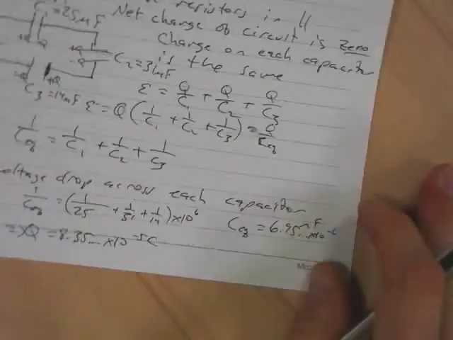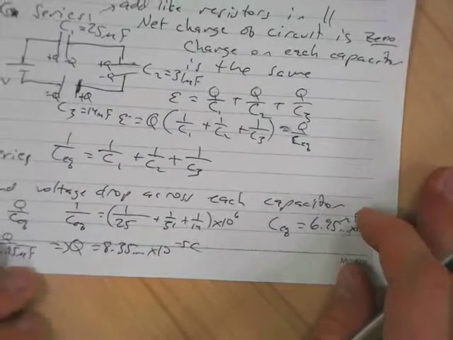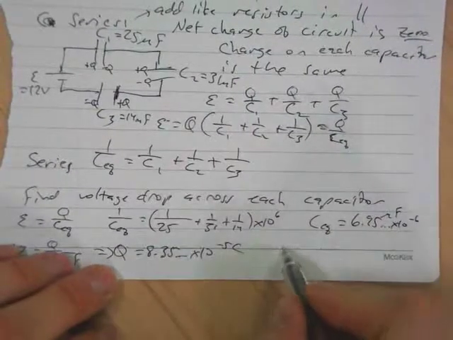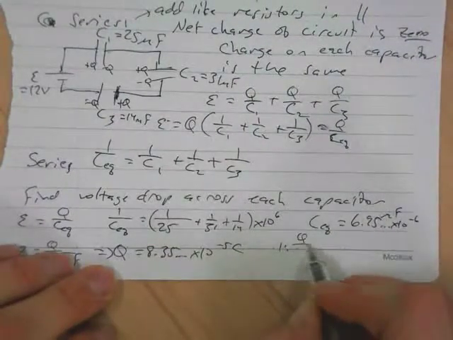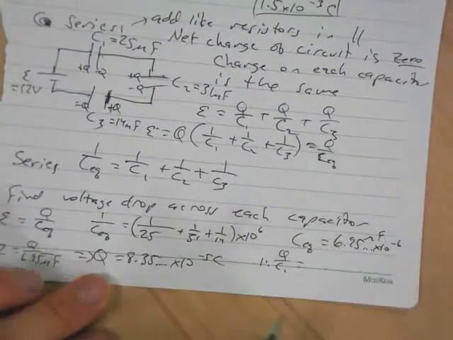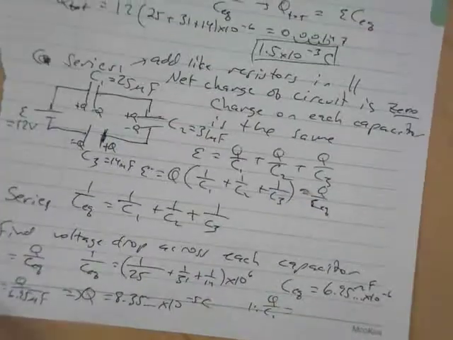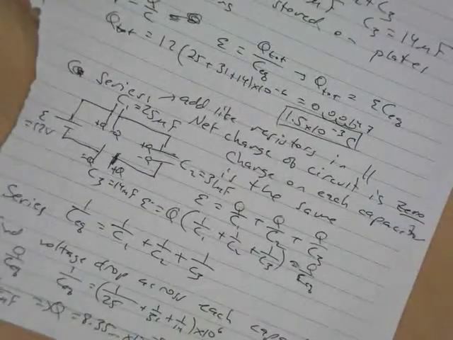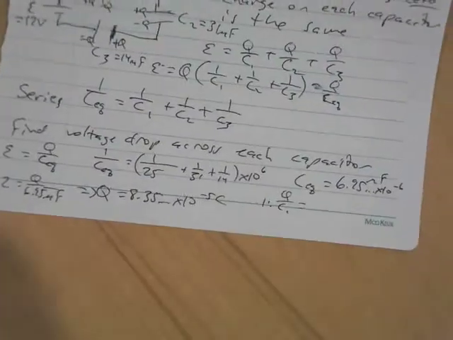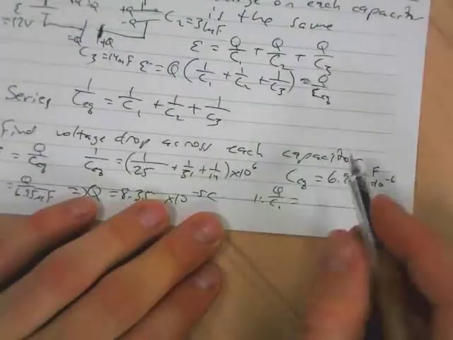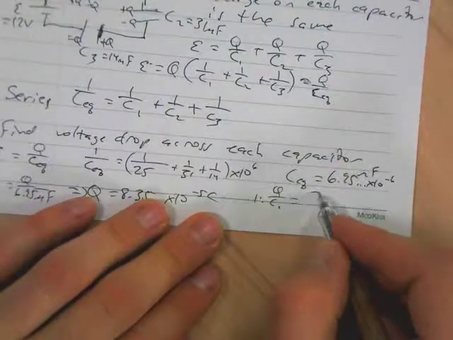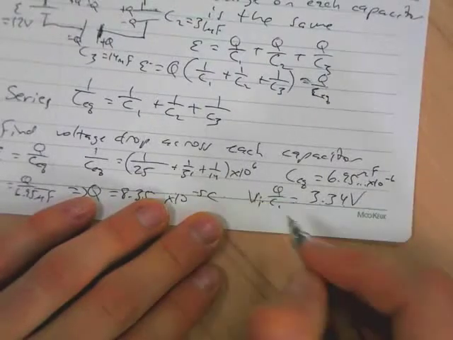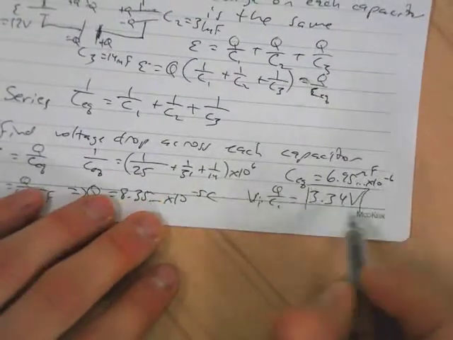And once we have that, we can find the voltage drop across each capacitor. So for capacitor 1, our voltage drop is Q over C1, which is 8.35 divided by 25 e negative 6. And that comes out to 3.34, etc. volts. That's the voltage drop across the first capacitor.